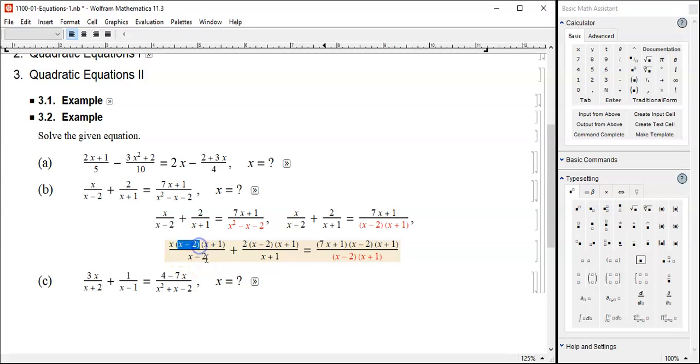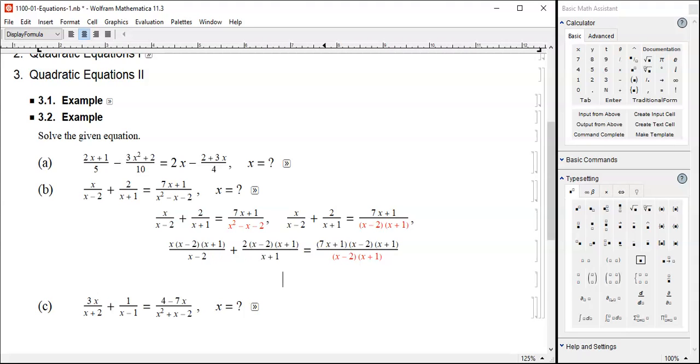Looks like this x minus 2 and that x minus 2 cancel each other out. I'm going to get just x times x plus 1 as my first term. Next, x plus 1 and x plus 1 cancel out. I'm going to get 2 times x minus 2. And then here, the entire x minus 2, x plus 1 cancels out. I'm going to get 7x plus 1. Looks like this is what I'm getting.